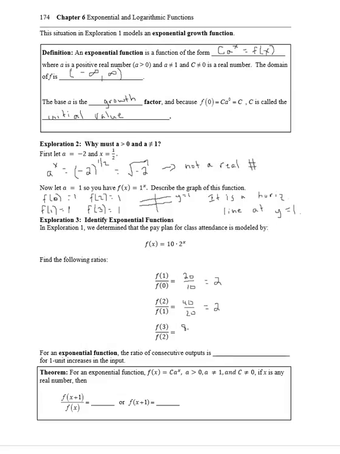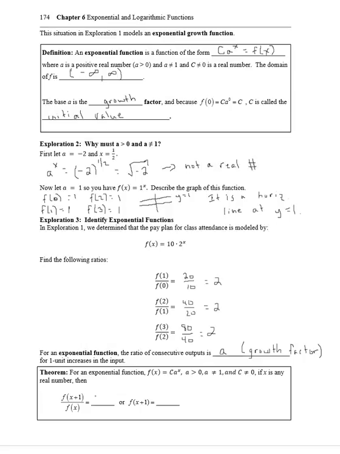Then we had 80 and 40, which is still 2. So for an exponential function, the ratio of consecutive outputs is a, or what we called the growth factor, for 1 unit increases in the input.